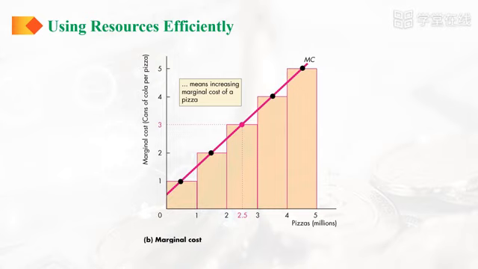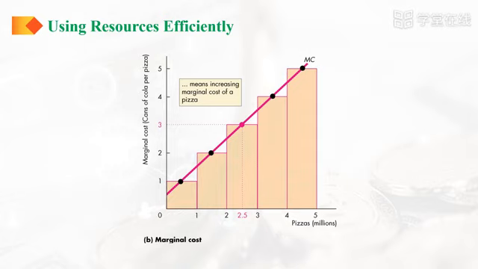The red dot in Part B indicates that the marginal cost of a pizza is 3 cans of cola when 2.5 million pizzas are produced. Each black dot in Part B is interpreted in the same way.